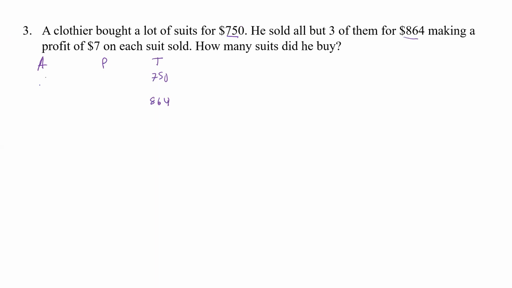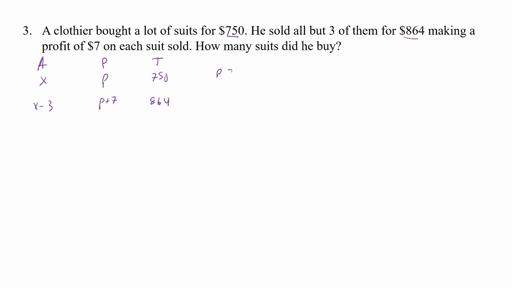Now we don't know how many he bought and we don't know the price, but we know he sold all but 3. So here we're going to take and sell all but 3. And we're going to have to make a profit on each of them by 7. So it's going to be P plus 7. Okay. Now we do as we've been doing, solve for that middle column.